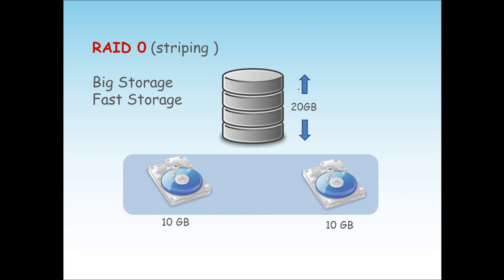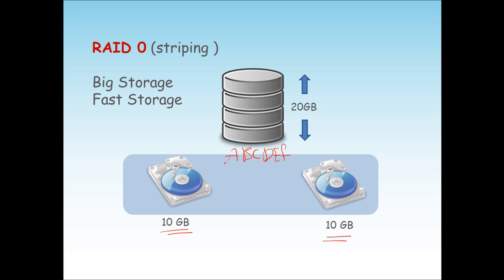One of the standard RAID levels is RAID 0 or striping. We can describe RAID 0 as a connection of two or more physical disks to appear as one big and fast logical drive. So how does this work? The way RAID 0 works is you take two drives, for example each one is 10 GB, and if your data is A, B, C, D, E, F, the computer will write alternating between the two drives.